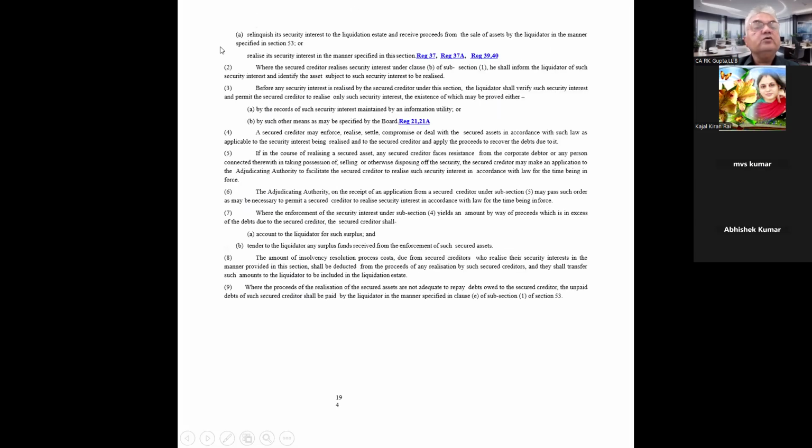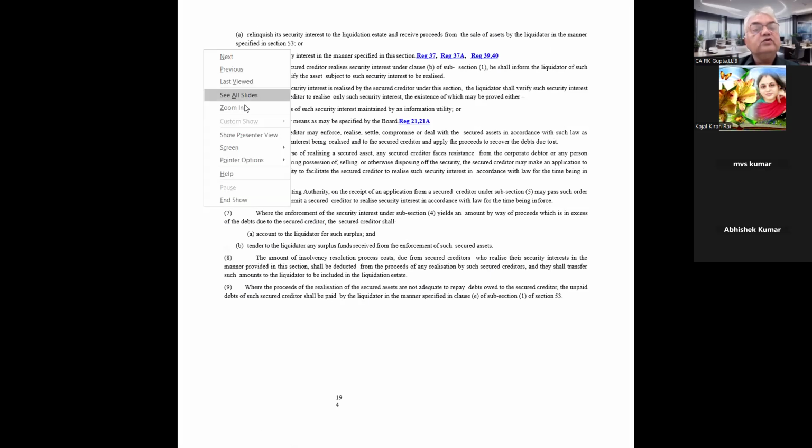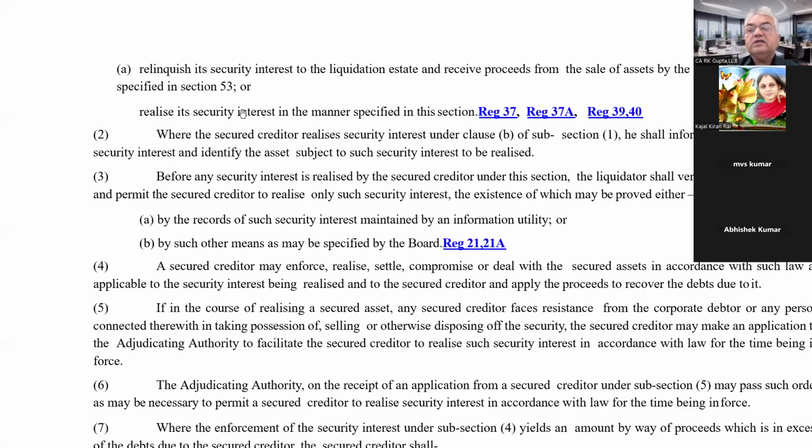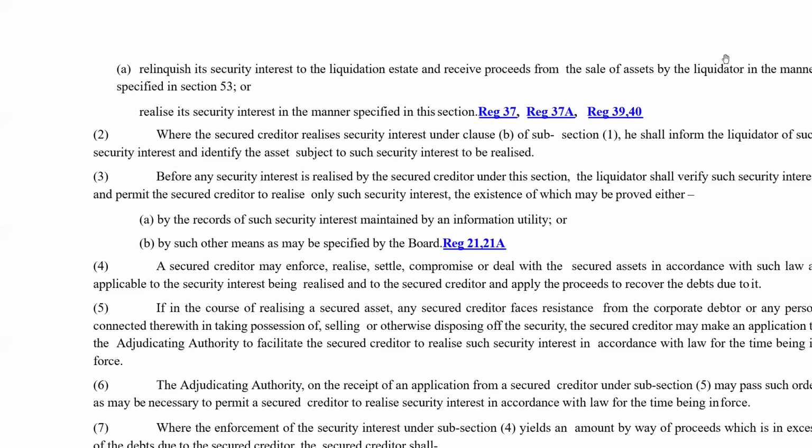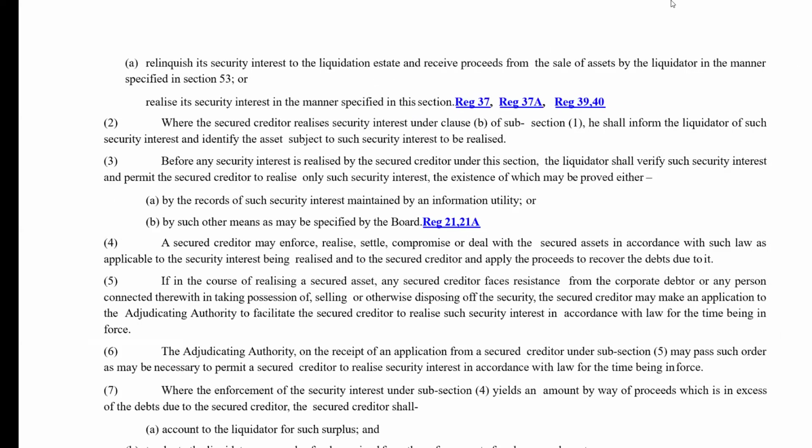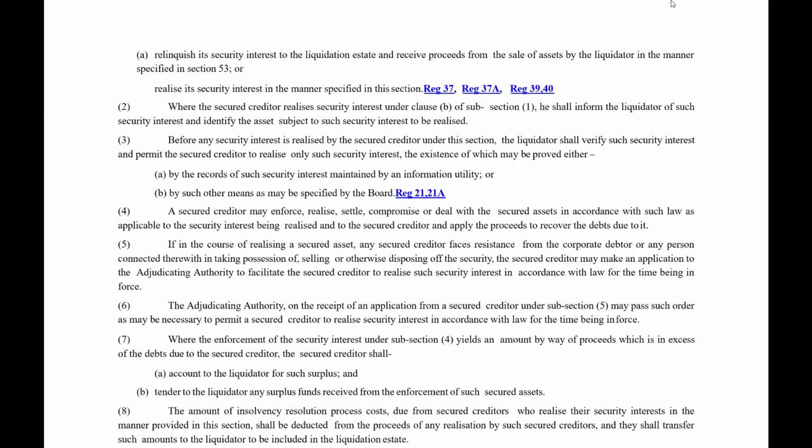In section 52, what are the two options available to a secured creditor? Either to sell the secured assets themselves or to relinquish their rights. Right. So they have got two options: either they can opt to realize, or they can opt to relinquish the security interest. And if they opt to relinquish the security interest, then what will be the treatment of those assets?